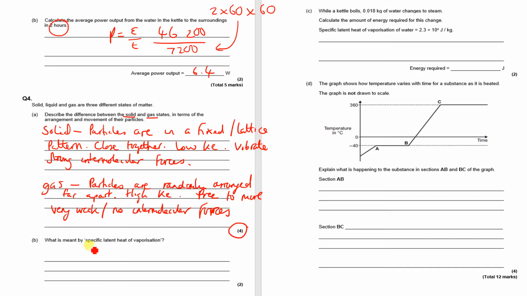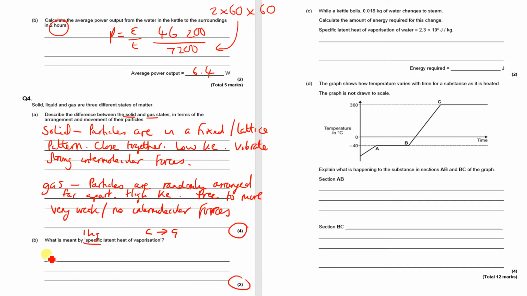Okay, what is meant by specific latent heat of vaporization? Now remember, vaporization is going from a liquid to a gas. So the word specific means 1 kilogram of. So we need to make sure we put that into our definition as it's for 2 marks.